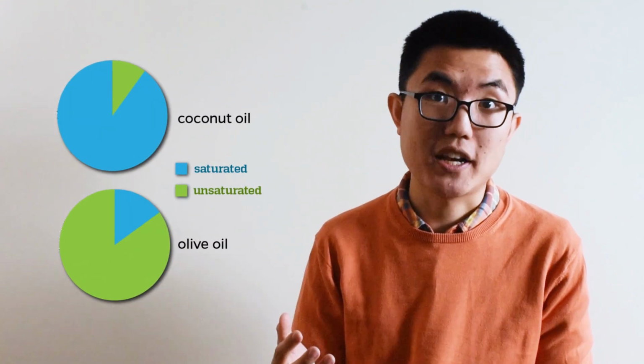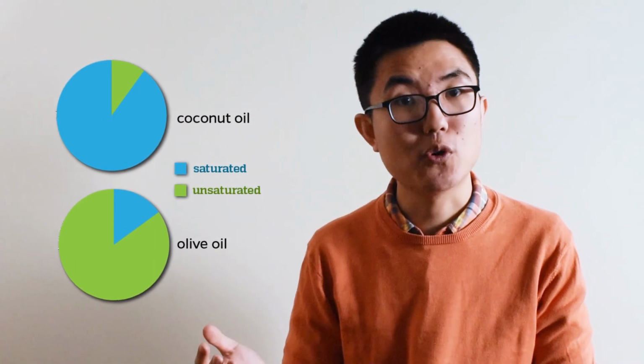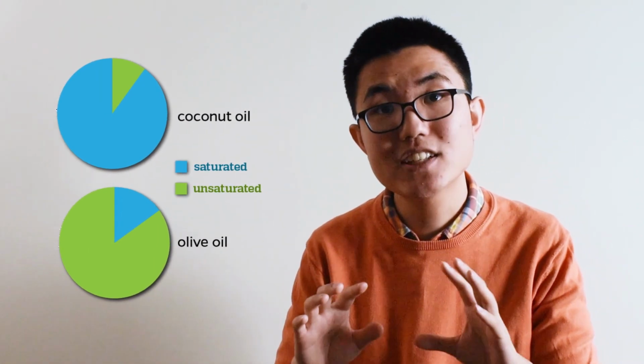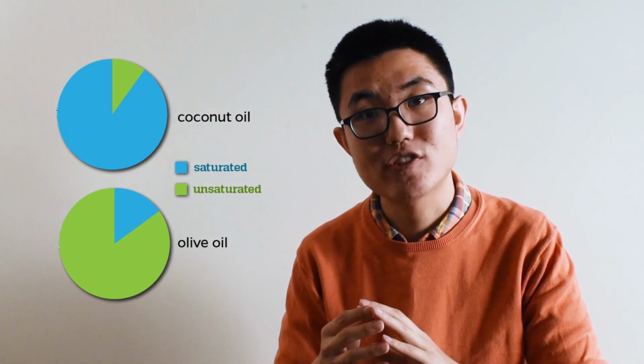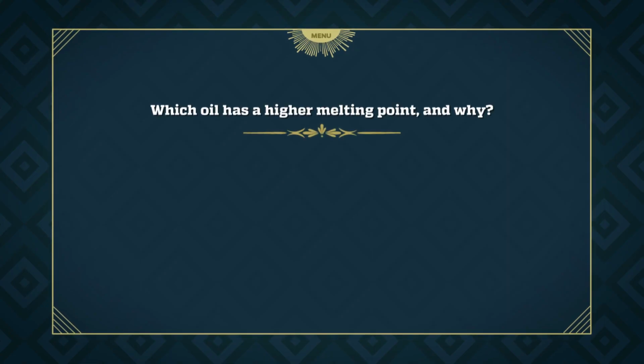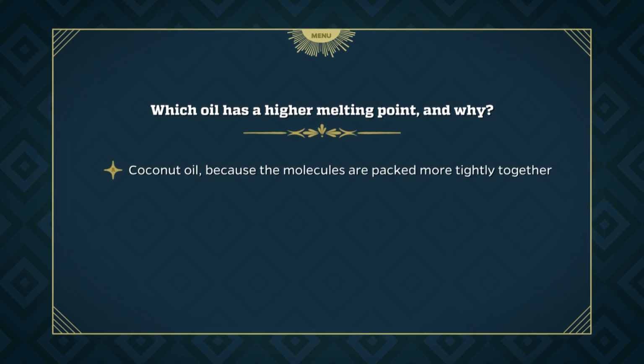In reality, commercial food products usually contain a mixture of saturated and unsaturated fats. For example, let's compare two different oil products, coconut oil and olive oil, which contain different percentages of saturated and unsaturated fats. Which of these oils would you expect to have a higher melting point, and why?